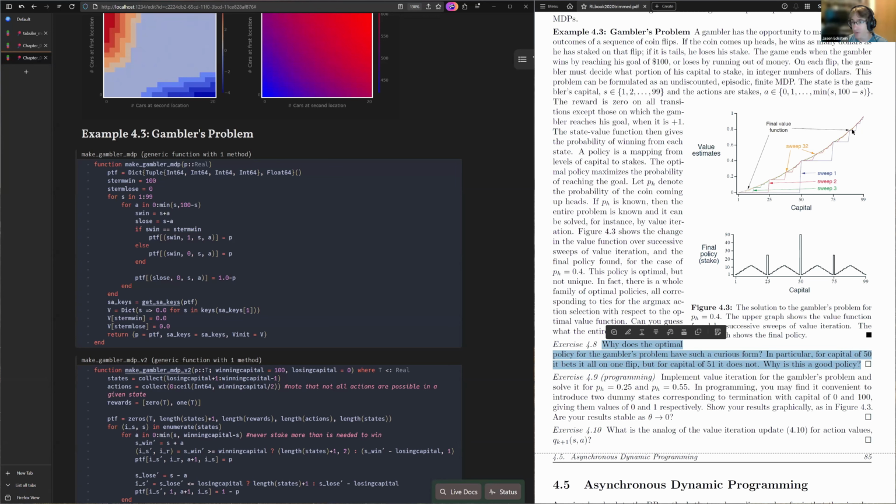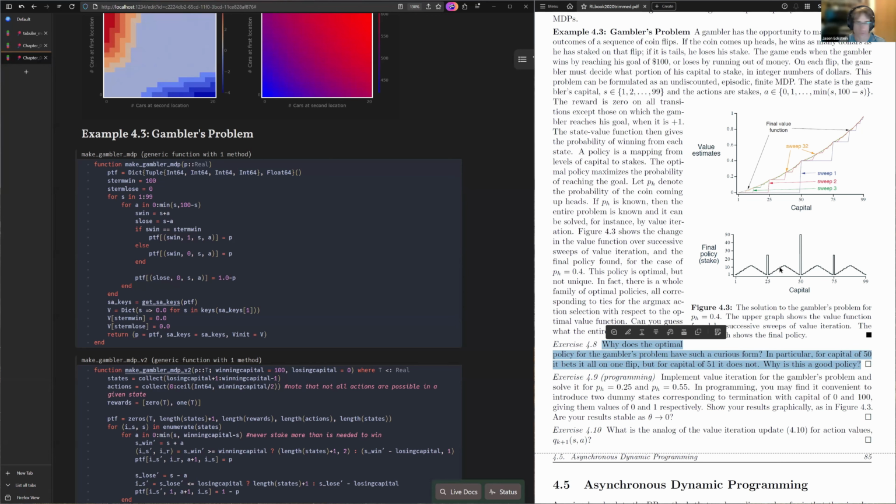Even though every flip we're expected to lose, if we start at a capital of 75, it's clear that we have a probability of winning which exceeds 50%, because this value function represents the probability of winning. And of course, this is assuming we're following the optimal policy, which is this.